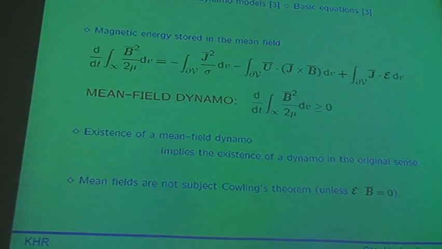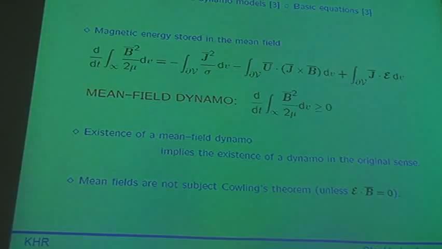The proof of Cowling's theorem uses the fact that in Ohm's law, this term has no component in the direction of B. It breaks down if you have a quantity here where you have a component in the direction of B.